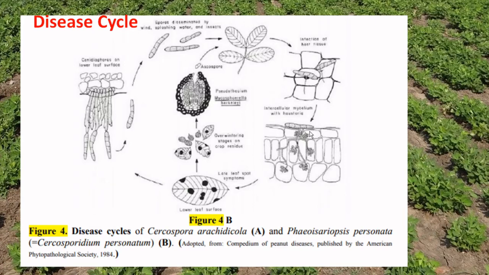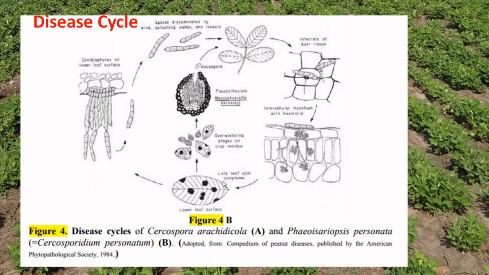As a result, the fungus occupies the intercellular spaces, the mycelium proliferates there and produces haustoria, and in this way the mode of spread or colonization varies between late and early leaf spot disease. The rest of the things are the same: symptoms appear externally.